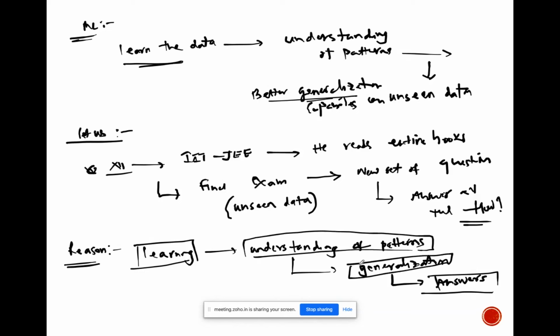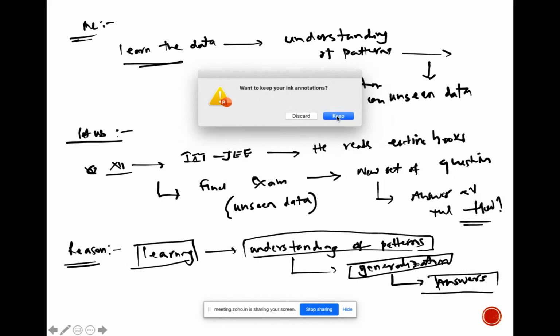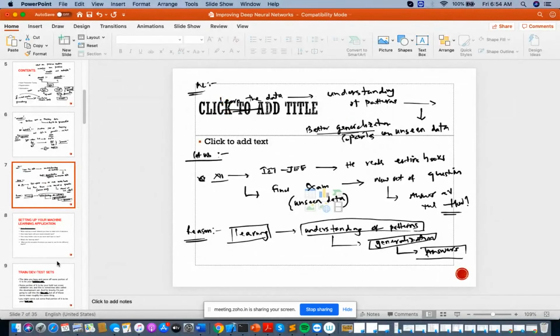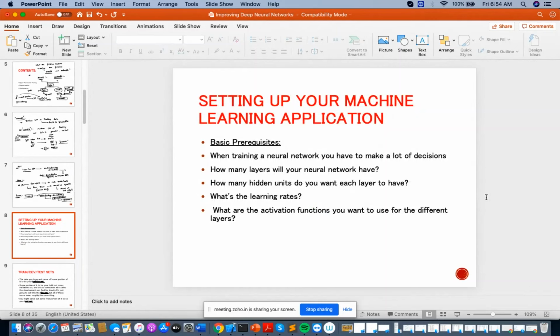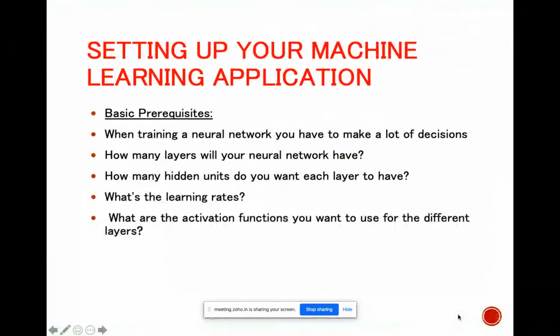Okay, guys, clear, right? Now, what is happening in the learning process? Setting up your machine learning or deep learning application.